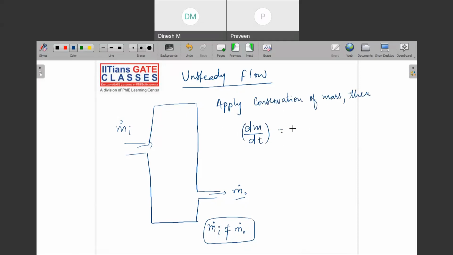Mass flow rate at entry minus mass flow rate at the outlet.